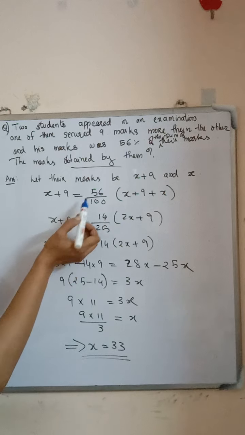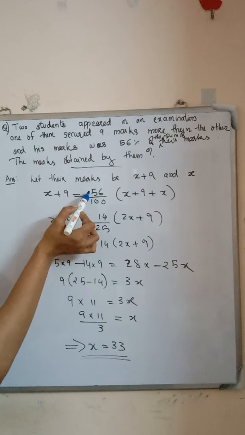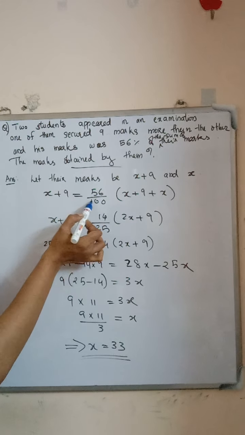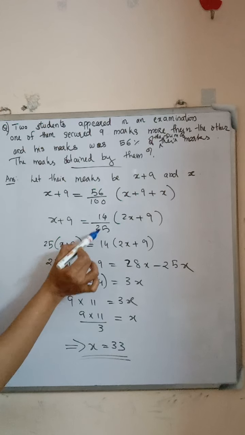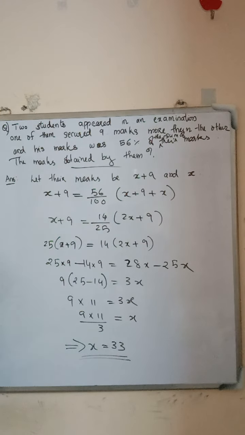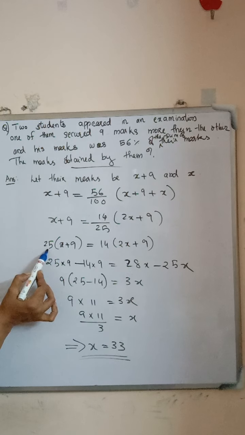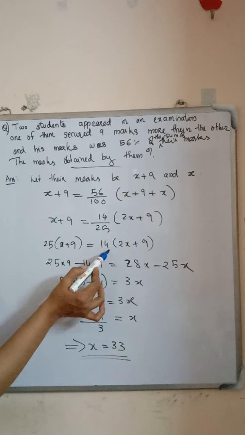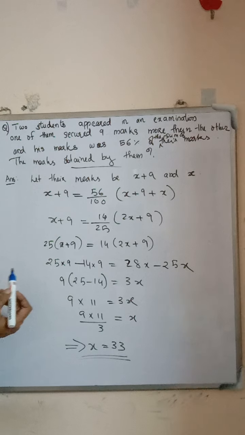x plus 9 equals, cancelling by 4, 56 is 14 and 100 is 25. So, 14 by 25 into (x plus x is 2x) 2x plus 9. Cross multiplying, we get 25 into (x plus 9) equals 14 into (2x plus 9).